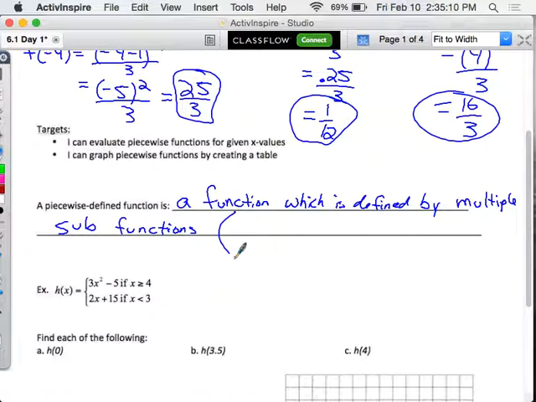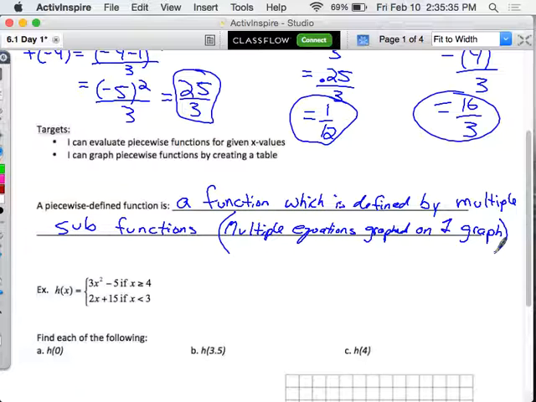So basically, this means we're putting multiple equations graphed on one graph. Okay, that's what it means. We're putting multiple different equations on the same graph.